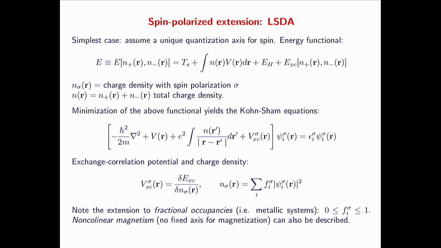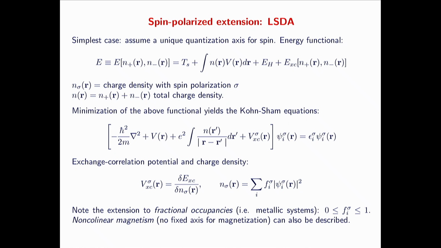Notice that this treatment of spin, for historical reasons, is called local spin density approximation. One might think it works only for local density, so it's an extension of local density, but actually it works also for GGA, so it's a historical name. What LSDA actually means is that we assume a single quantization axis, and we assume all Kohn-Sham states are with spin up or with spin down.